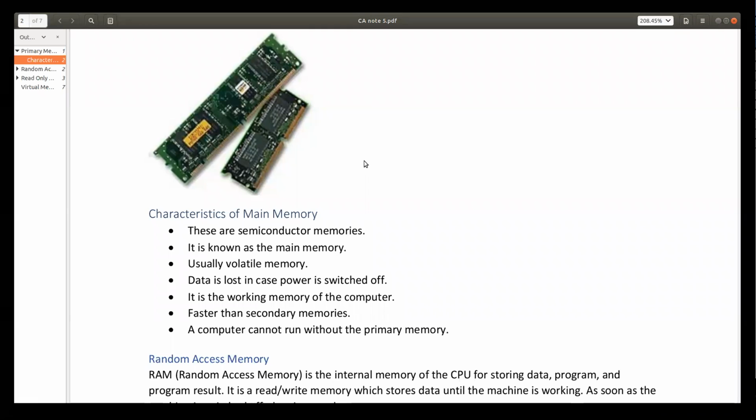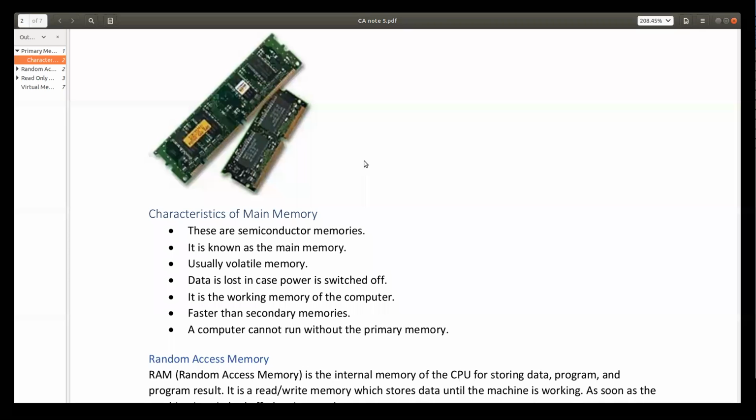Then it is the basic working memory of the computer, and obviously, as I told you, it is faster than the secondary memories like hard disk, even faster than SSDs also. And most importantly, another very vital question might come: whether your computer system can run without RAM.